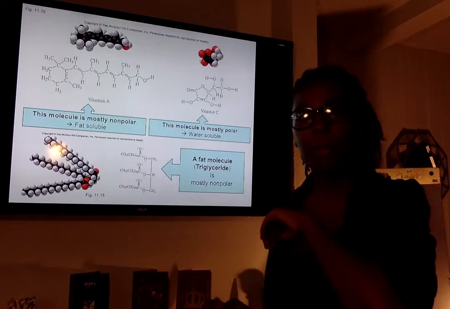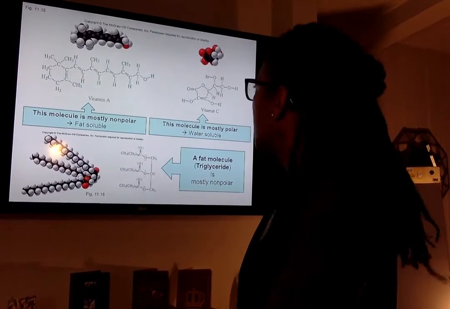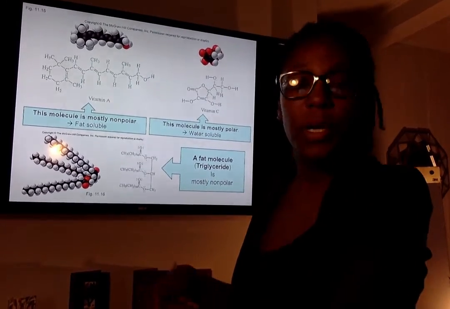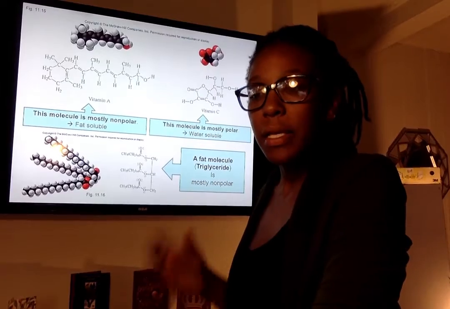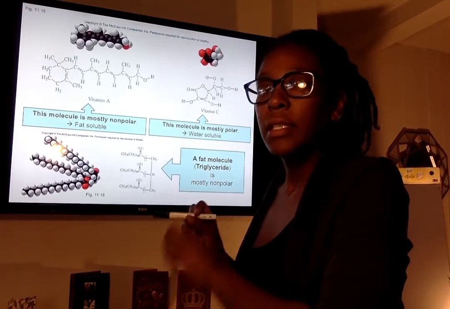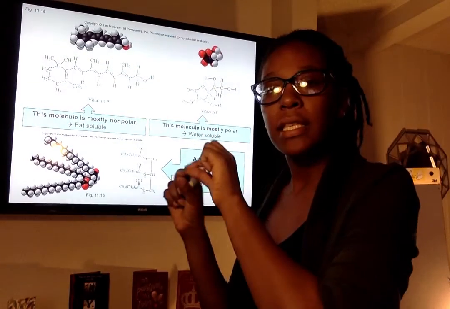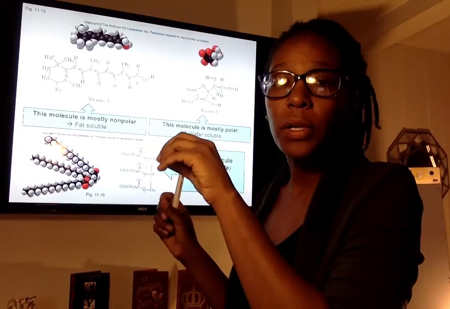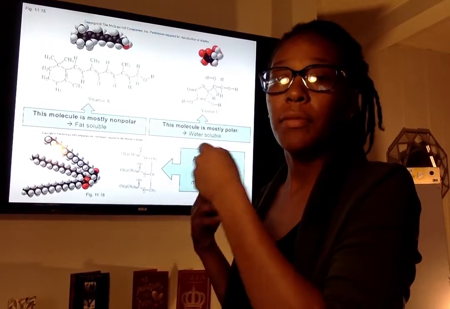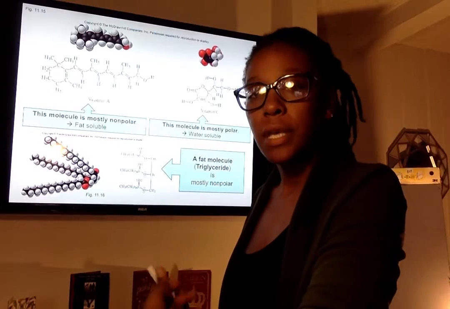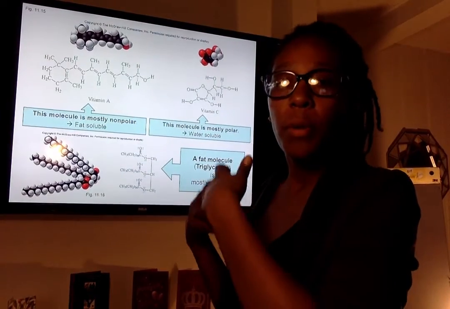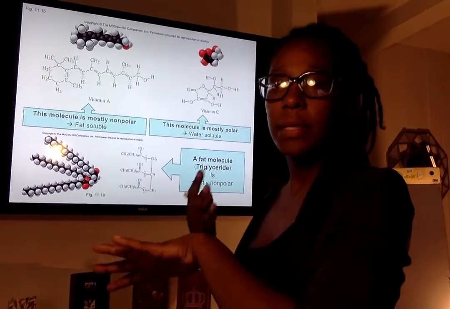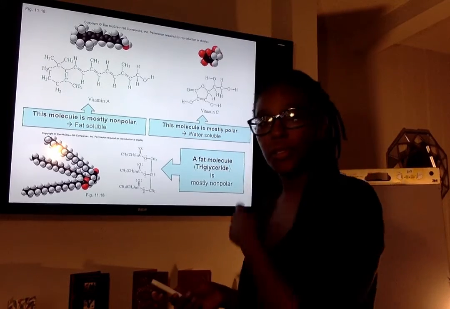So remember that when you think of something being soluble or not soluble, it's based off of the solvent and solute being in the same kind of polarity. Are they both polar or both nonpolar? If they're both polar, they will be soluble, or if both nonpolar, they'll be soluble. But if they're opposites, the opposite is true.